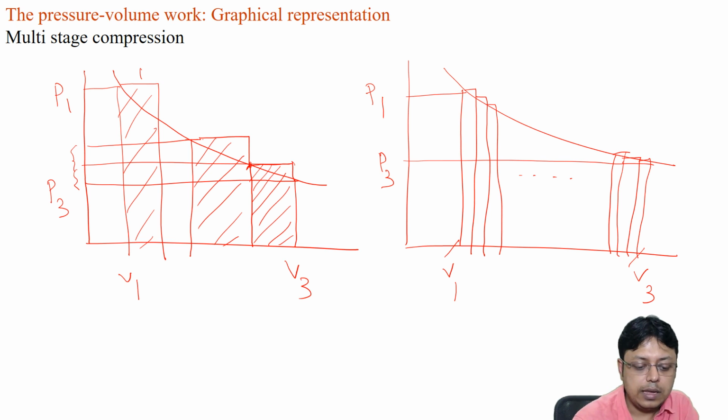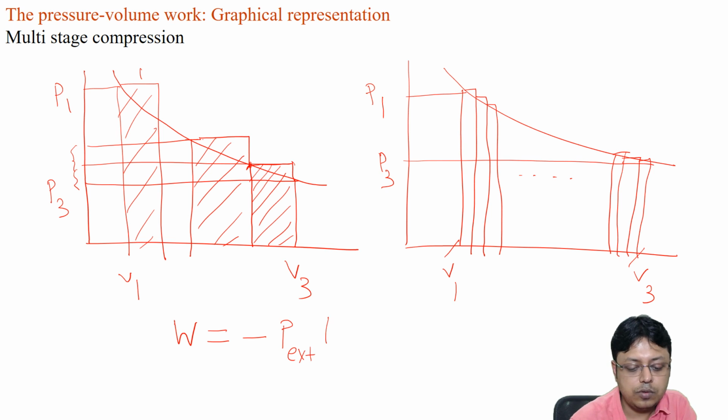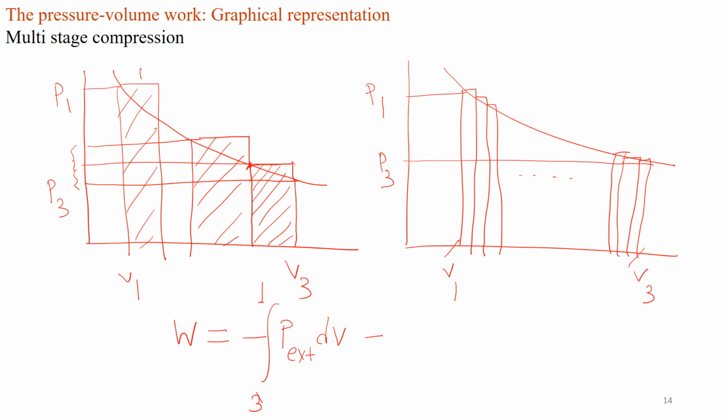As before, the expression of the work done will be similar, that I'll have the external pressure into little change in volume, so I have to integrate from 3 to 1. So ultimately I'll get the same expression nRT ln, but in this case it will be V final by V initial, so it is V1 by V3.